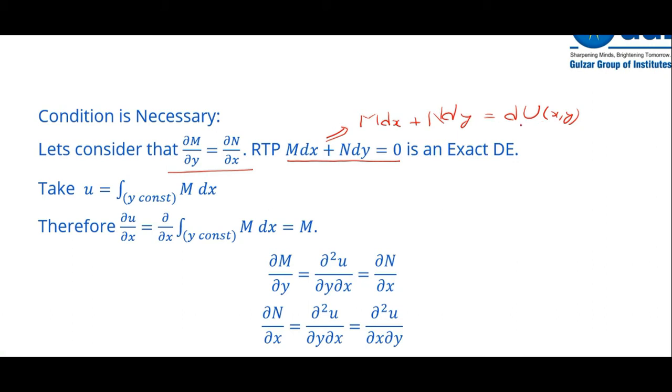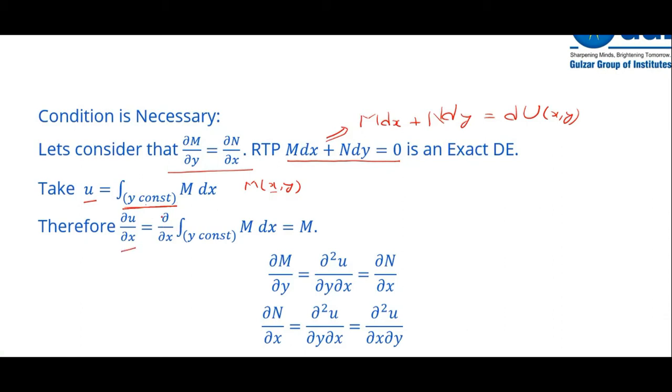Now we start the proof of this theorem by taking a function u. Let u be equal to the integral of M with respect to x, treating y as a constant. Why do we treat y as a constant? Because M is basically a function of x, y, so when we are integrating with respect to x, we treat y as a constant. Now let us find the value of ∂u/∂x.